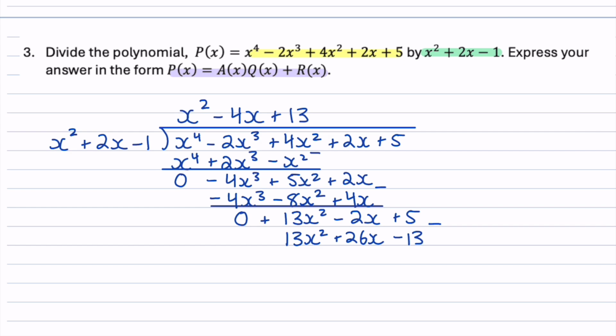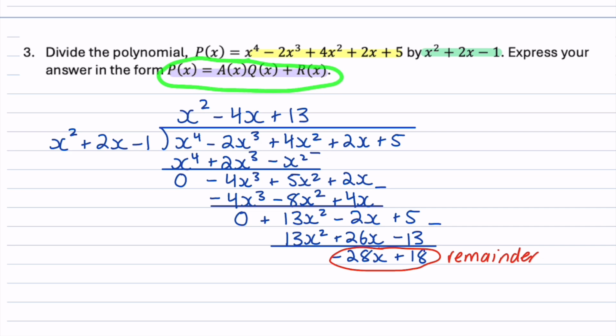And then I subtract. So here, what I end up with is minus 2x minus 26x, which is minus 28x. Then 5 plus 13 will be 18. So this here is actually going to be my remainder.